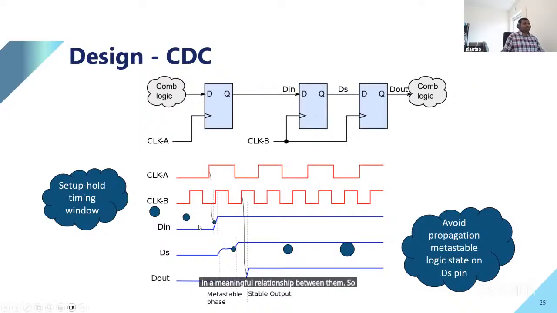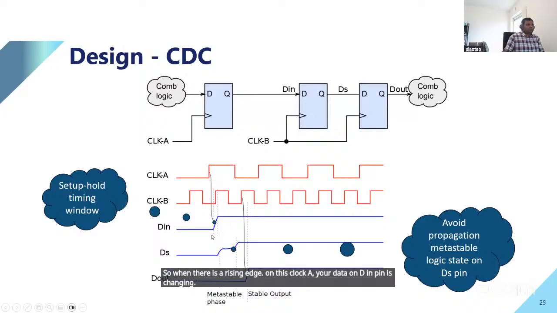If the data is launched by clock A, it can launch at any time. The data launched by clock A, which you see as D in pin here, is basically data launched by clock domain A. So when there is a rising edge on clock A, your data on the D in pin is changing.